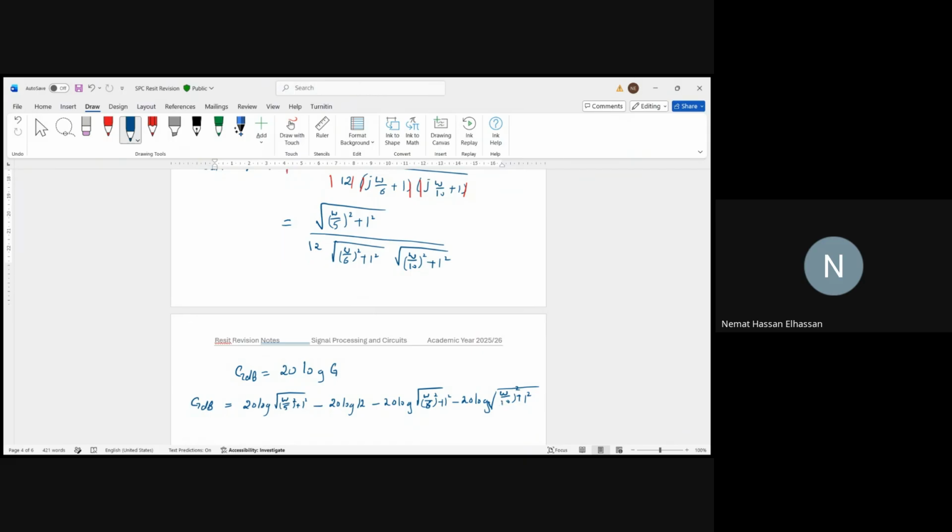This is the gain in decibels that we are tasked to find.